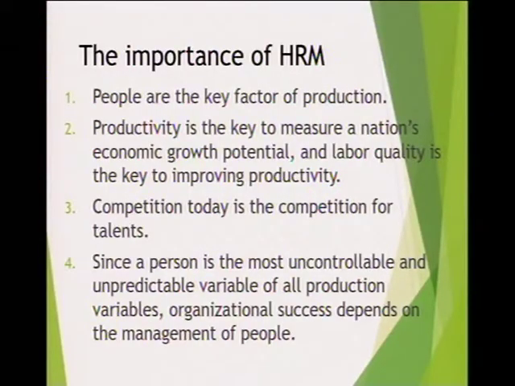What would make one organization survive over the other is talent. And since a person is the most uncontrollable and unpredictable variable of all production variables, organizational success depends on the management of these people. So HRM says that people are very unpredictable, they are very uncontrollable, but an organization needs to put into effect ways of managing these people.